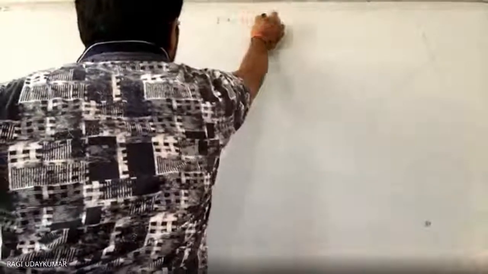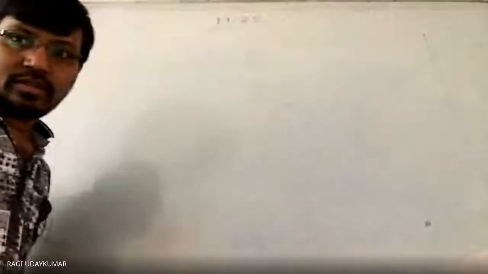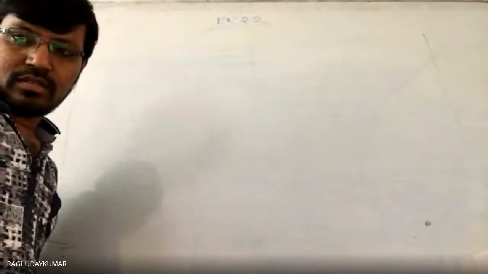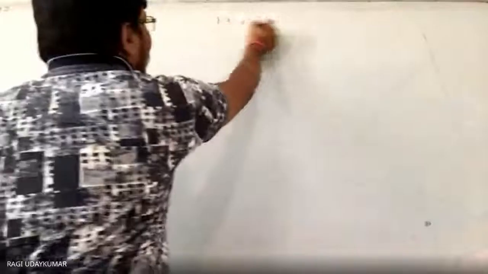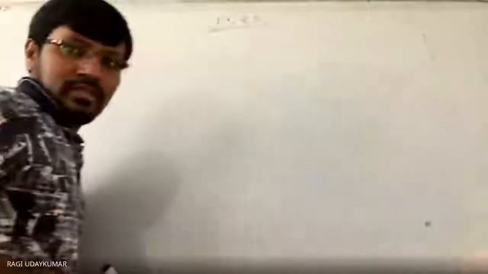Now this exercise 2.2 is visible to you? No, sir. These two lines. Yes, sir, it's visible. I'll write it down.